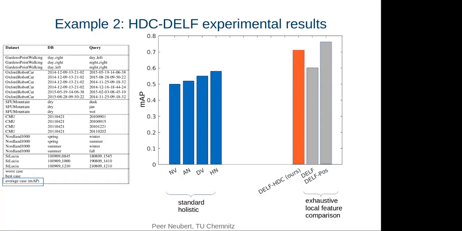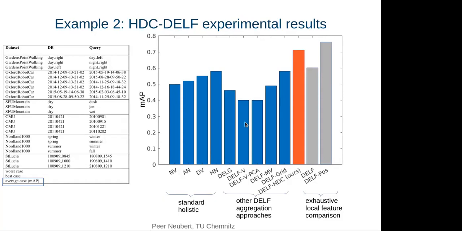So in particular, on those data sets with this kind of appearance change and this type of viewpoint change, these are the results of other DELF aggregation approaches. Everything much worse than this HDC approach.